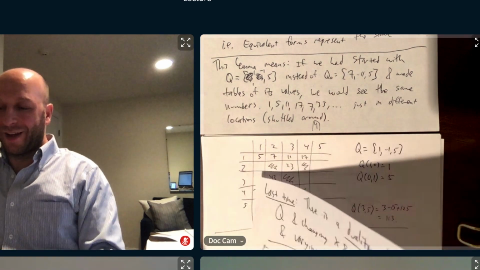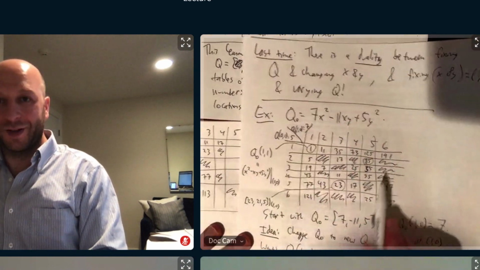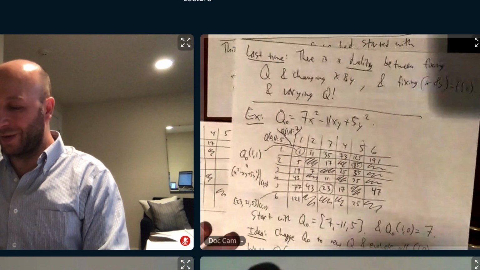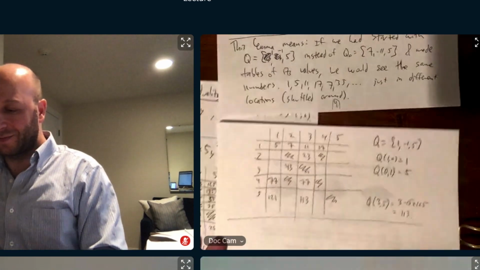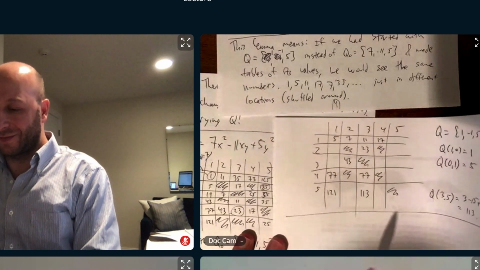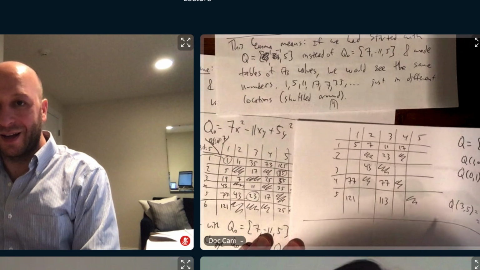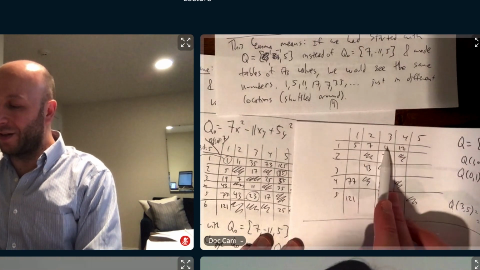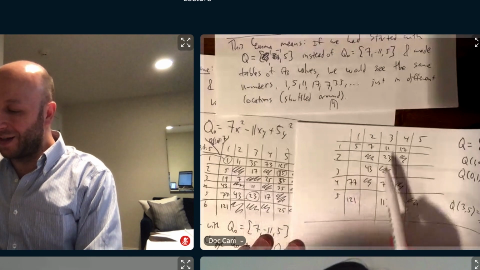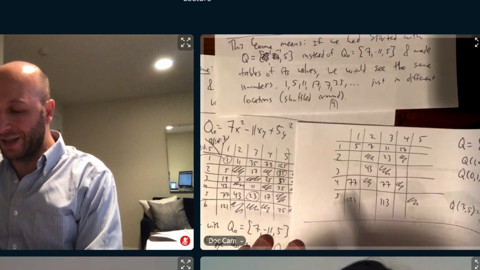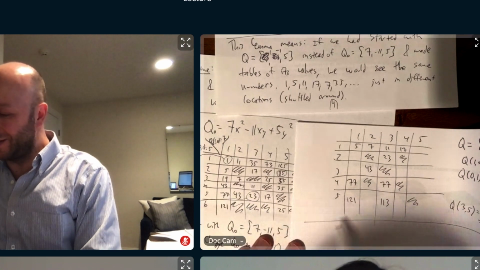Now look at these values. I hope you can see them both side by side. So we have 5, 7, 11, 17, and here we have 5, 7, 11, 17. And here we have 43, 77, 43, 77.